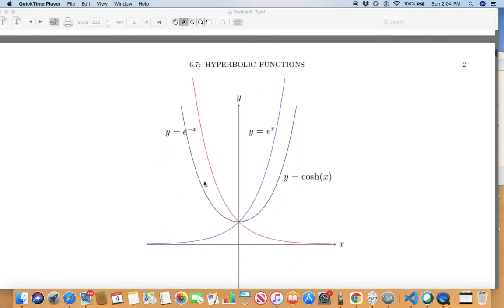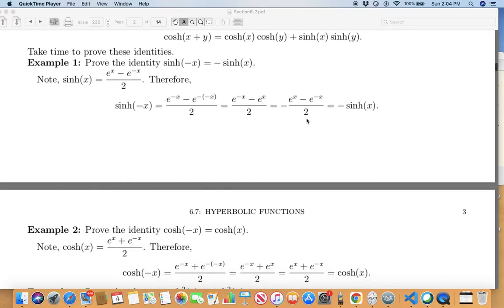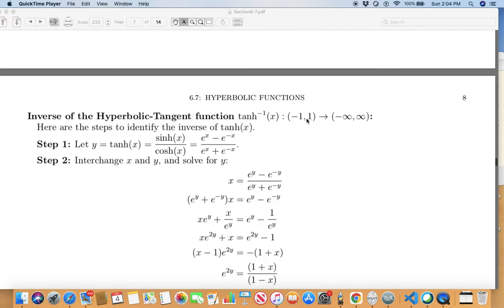Cosine hyperbolic though is not one-to-one. So you can restrict cosine hyperbolic to the right hand side, that is 0 to infinity, then it is one-to-one. Okay, so that's what we are going to use.